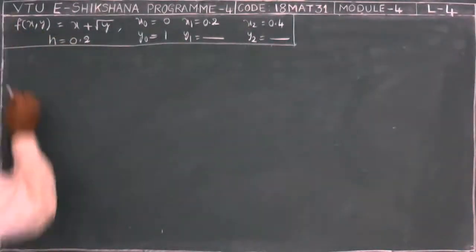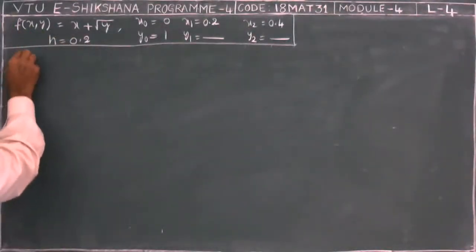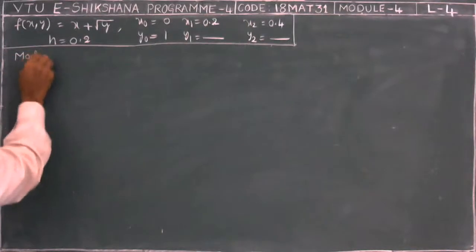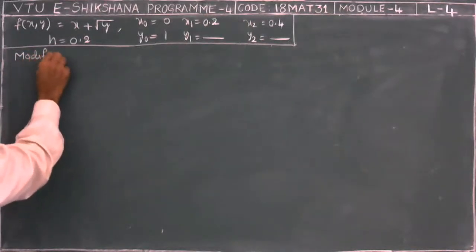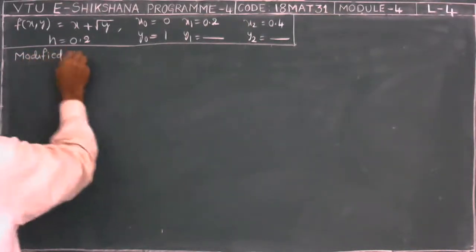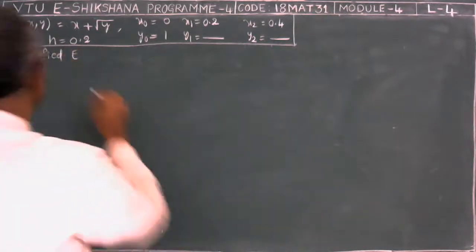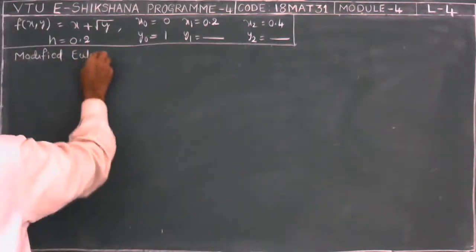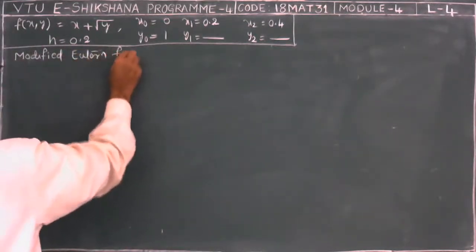Let me write the modified Euler's formula.